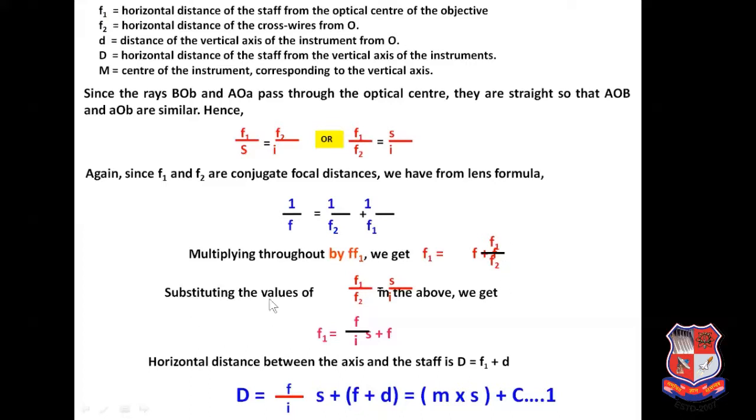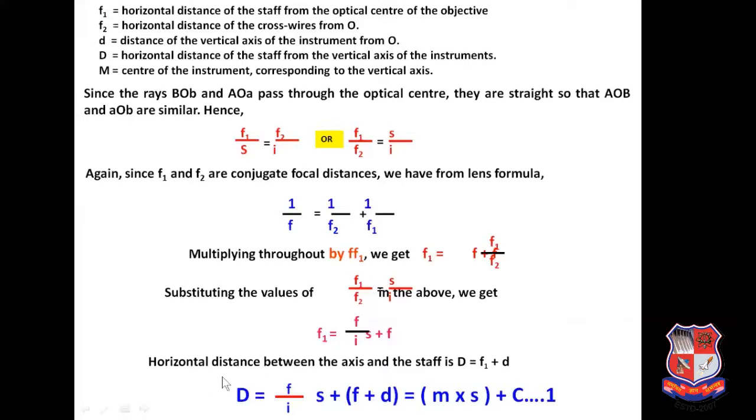But we know that the value of F1 upon F2 is equal to S upon I. So put the value of F1 upon F2 in the above equation and simplifying, you will get F1 is equal to f upon I into S plus f.